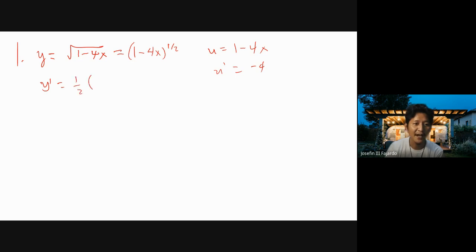And then we copy the base. 1 half minus 1, so this will be negative 1 half, times the derivative of u, which is u prime, multiply lang natin ito ng negative 4. So your y prime here will be, okay, pwede natin itong simplify as negative 2. Okay? So negative 2, tapos ilagay natin ito sa baba. That would be square root of 1 minus 4x. Okay?